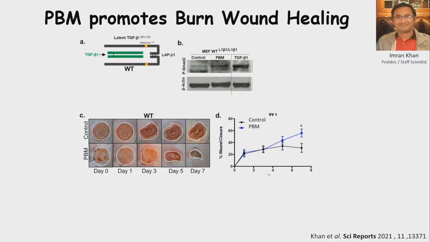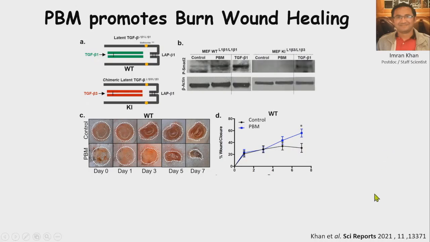We did a similar experiment, but we substituted the TGF-beta 1 with another isoform, TGF-beta 3, by making a chimeric transgenic animal model, which turned out to be inactivatable by photobiomodulation treatment. So even though we make the same burn wounds and do PBM treatments, these animals cannot activate TGF-beta.